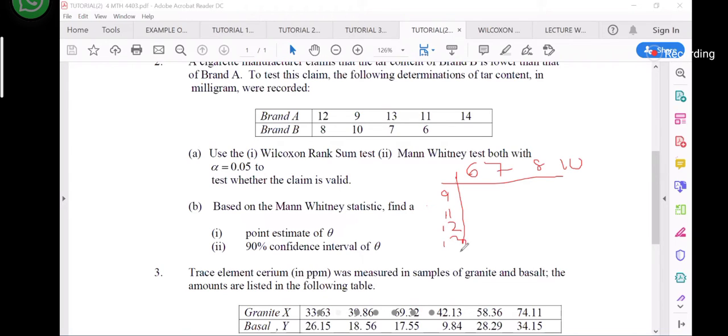I think they are different. So here minus 3, minus 2, minus 1, minus 1. Okay, so what will theta hat be?